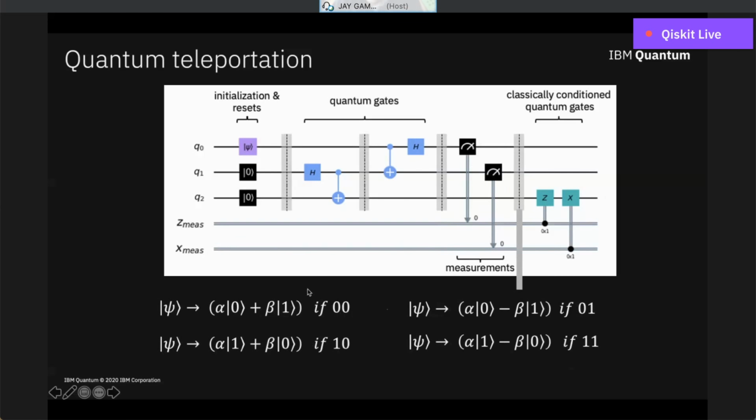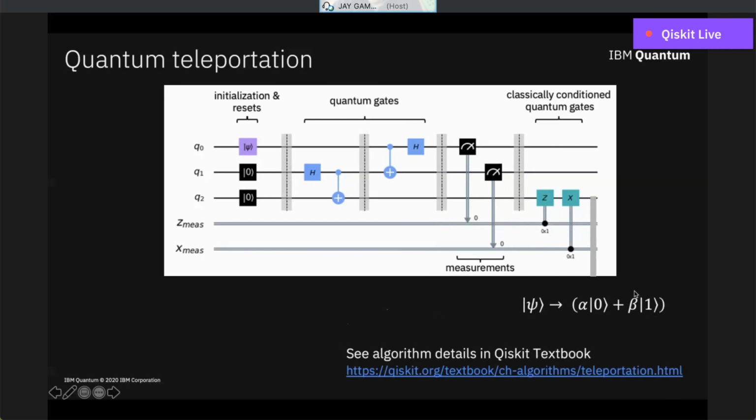So if I go through all of these, depending on the outcomes, I can then apply classical controls and always get back the quantum state that I originally had from the start. Okay, so here you see that by giving myself the ability to do some classical thing, I can make some problem tasks easier.